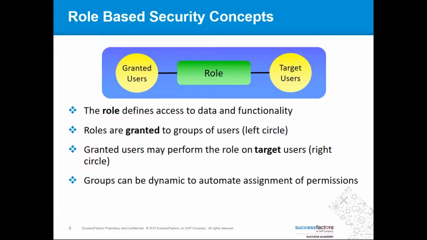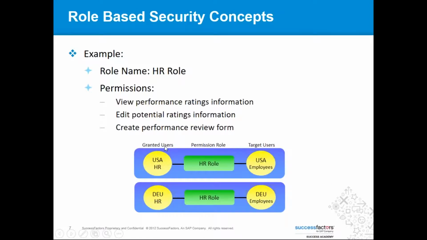You will see that in an example in the next 5 minutes when I configure it in the system. So this is the high level model of permissioning. We will practically configure it in the system and I'll show you how it works. So let us take this example. At the bottom of my screen, you see there is an HR role.